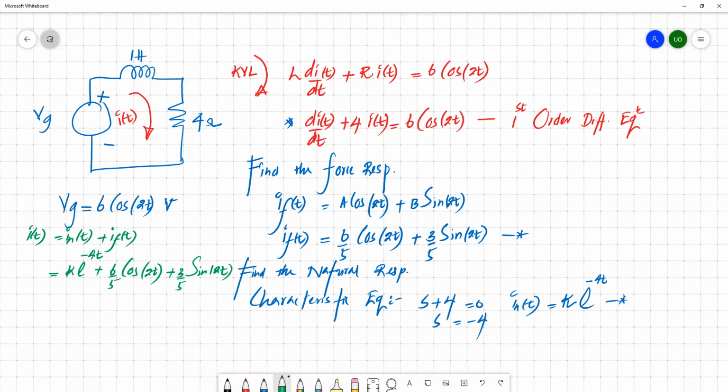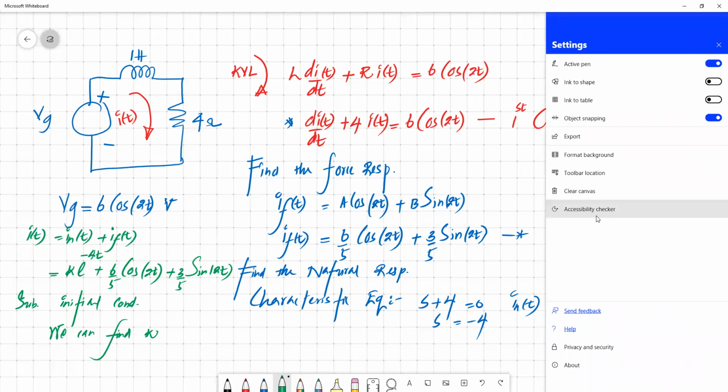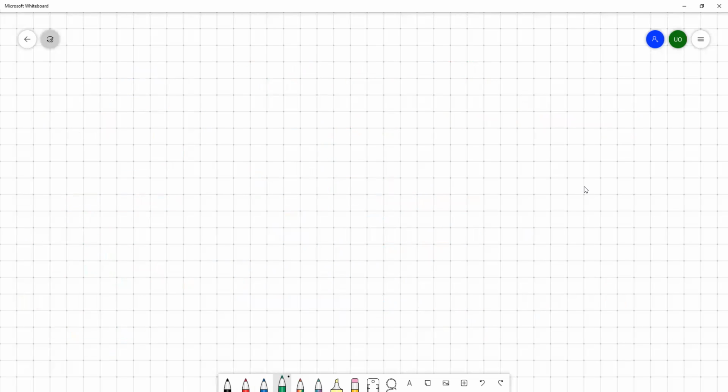Then, substituting initial conditions, we can find K. If you know the initial condition of the inductor, we can find the unknown constant K by substituting initial conditions.